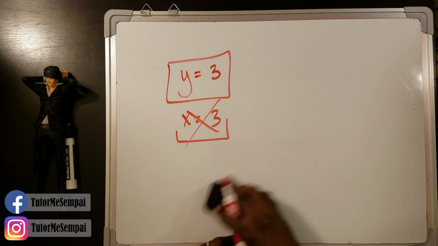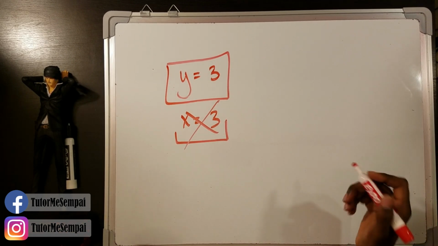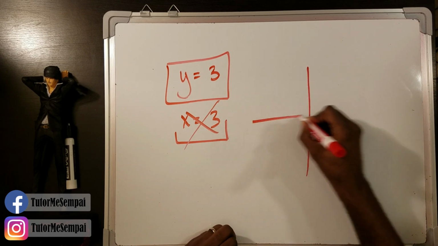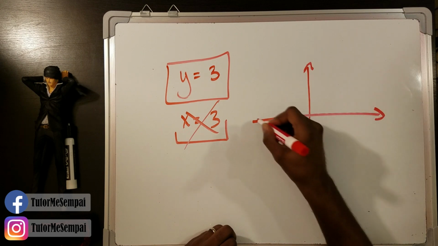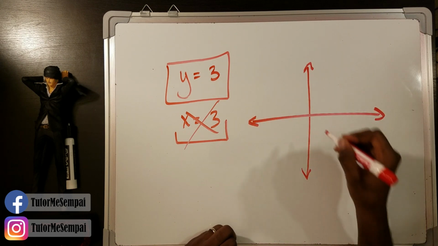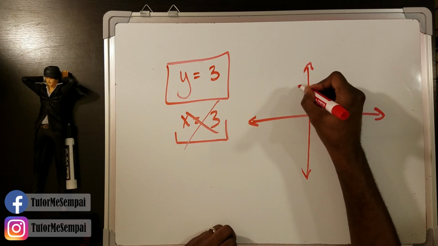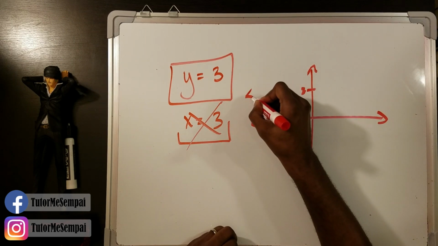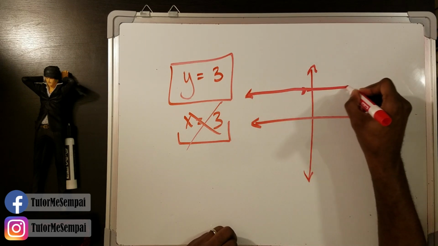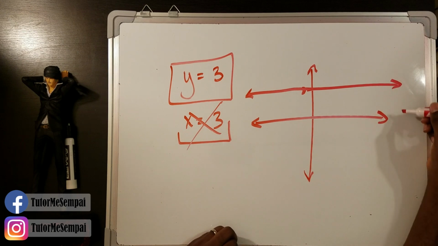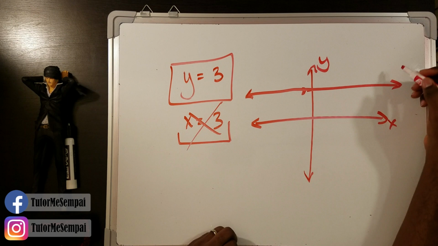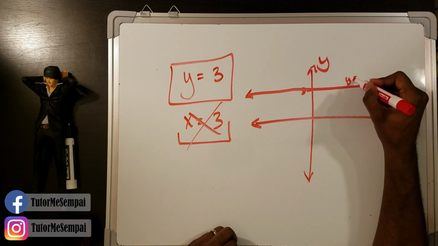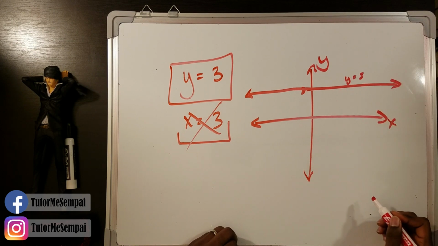If you were to graph y equals 3, that's saying no matter what value of x you get, y is always going to be 3. So if you have a 3 here, y is just going to be 3. It almost looks like another x-axis, right? So it's important to label those, but this is y equals 3.